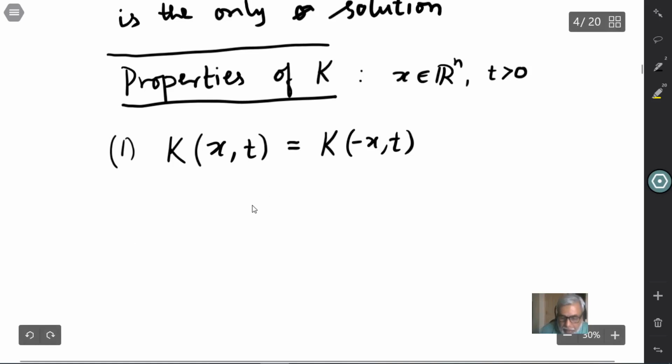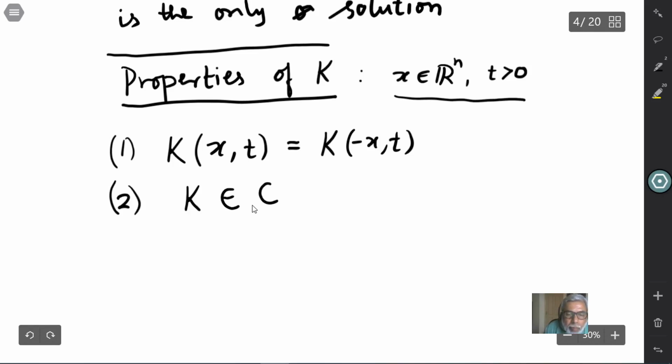So in this region, k is a C infinity function of x and t. So it's infinitely differentiable both with respect to x and t when you restrict t to only positive values. k satisfies the heat equation.